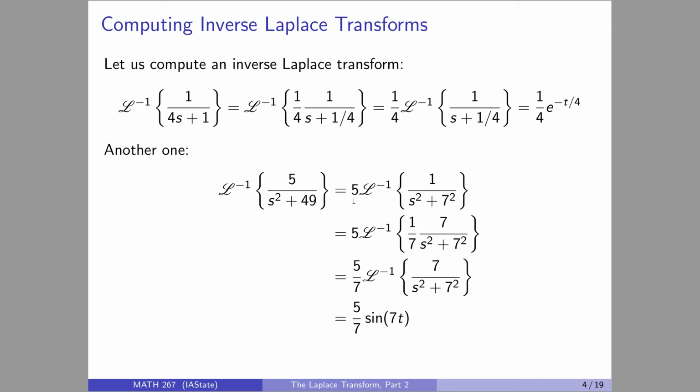That 5, pull it out, who cares, it's not useful. Now here, I need a 7 up top, so the dirtiest math trick in the book, we multiply by 1, and we're clever about how we pick 1. Okay, so we can then factor out this 5/7, and then we get, hey, the inverse Laplace of 7 over s squared plus 7 squared is sine of 7t.